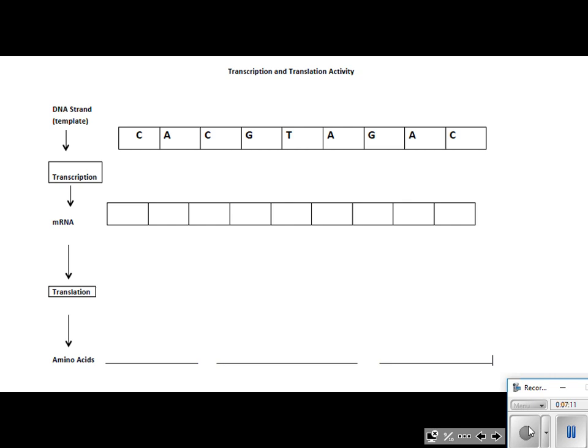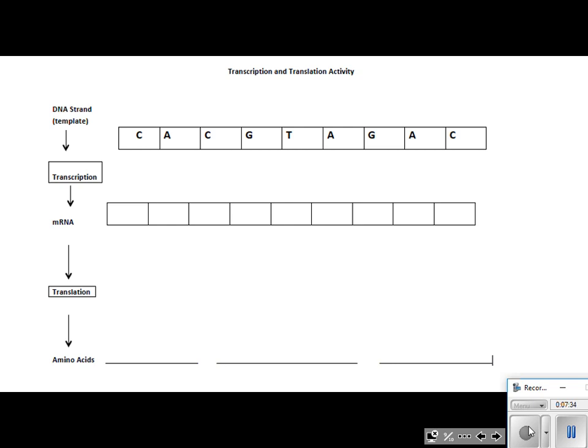Anyone? Okay? Lewis? A always pairs with T, C with G. Well, in this case, we don't have T's, do we? Because T's are replaced in RNA with a U. So an A will pair with a U.